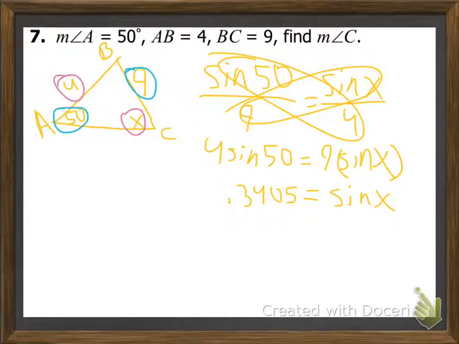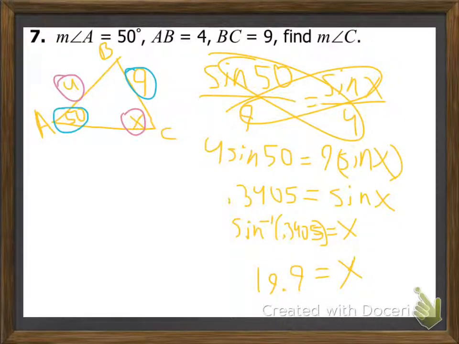And now you have to do the inverse sine. So what you're going to do is sine inverse of 0.3405. Sorry, I kind of got cut off a bit. And when you do that, you're going to end up getting 19.9.